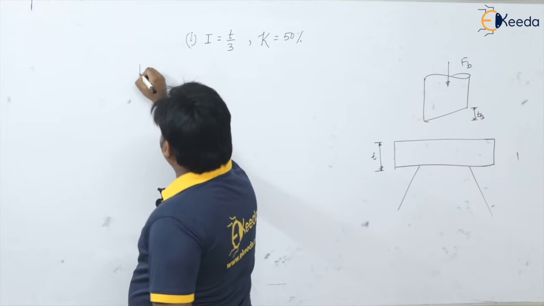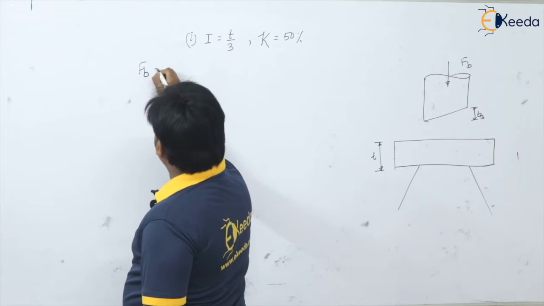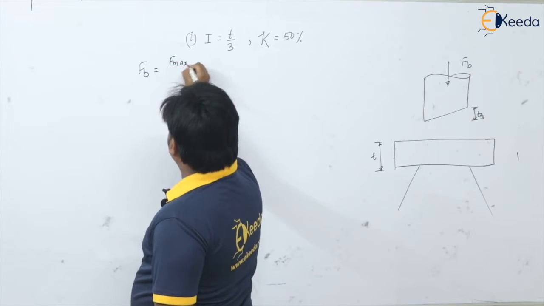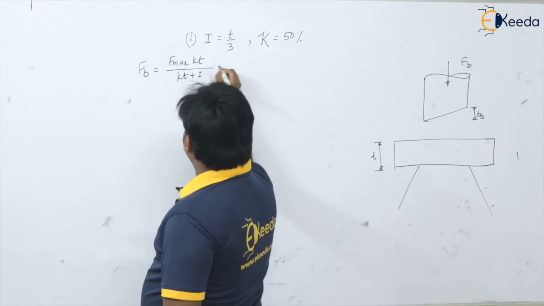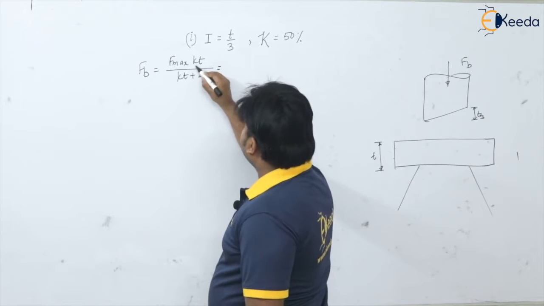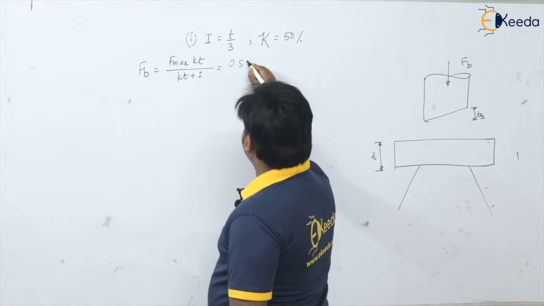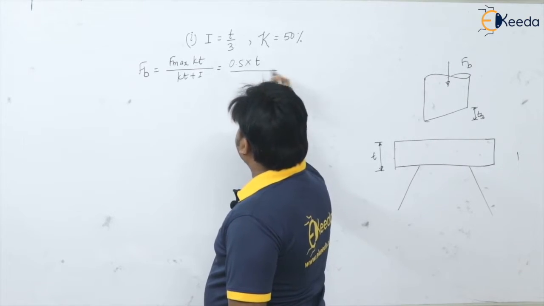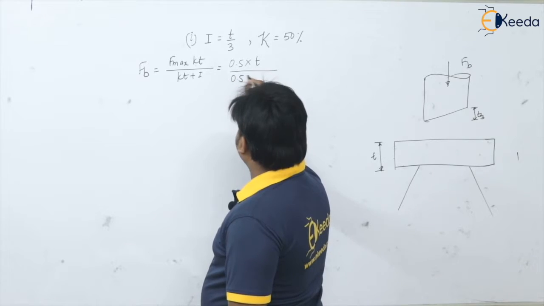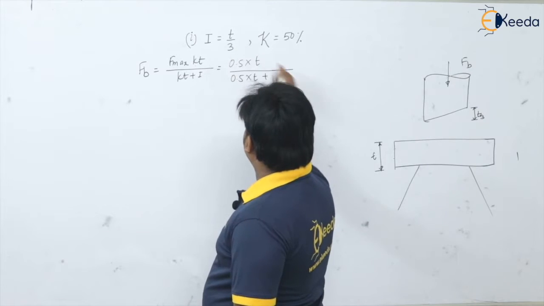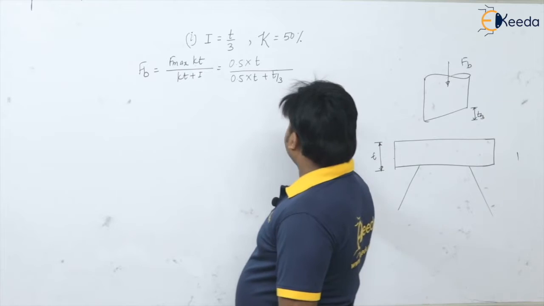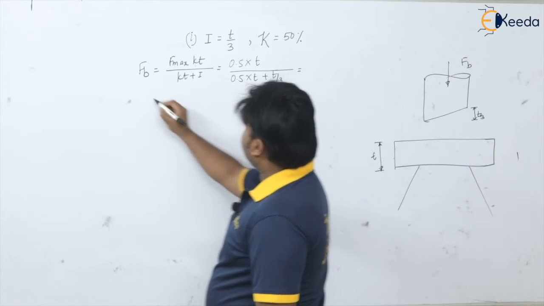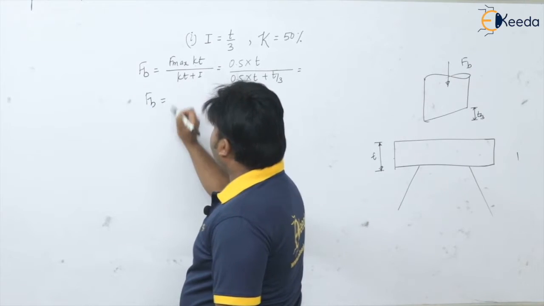So in the first case, FB is equal to what? F max times KT divided by KT plus I. K is 0.5, so 0.5 times T divided by 0.5 times T plus I, and I we are going to provide as T by 3. Then tell me what is the value of FB in terms of F max?